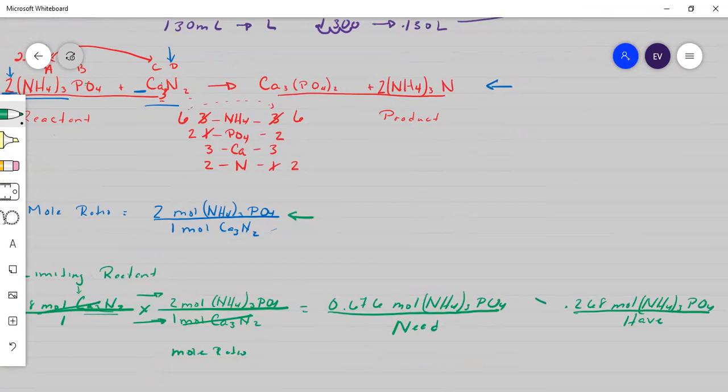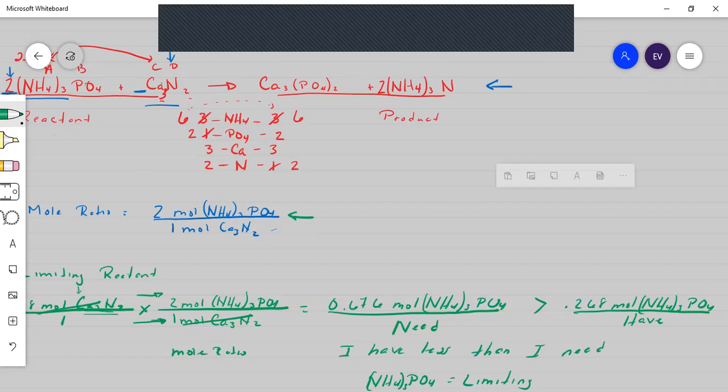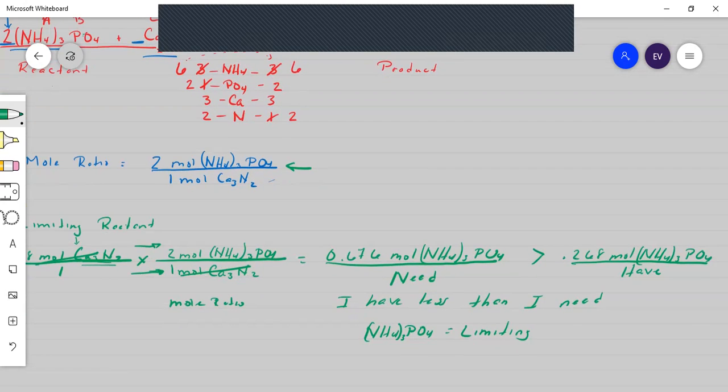Well, I have less, because this number is bigger, right? So right now I can say I have less than I need. If I don't have enough, then ammonium phosphate is going to be my limiting reactant. If ammonium phosphate is my limiting reactant, then calcium nitride is going to be my excess.